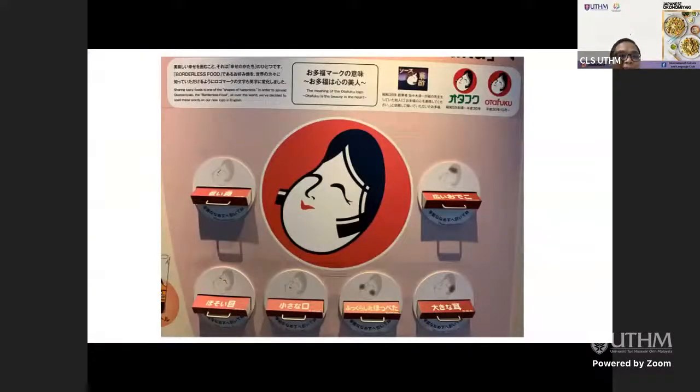This is the face of Otafuku. This is also very interesting. I asked the people in Otafuku why they use this logo. They said this logo shows that even though you are not pretty, you have a good heart.